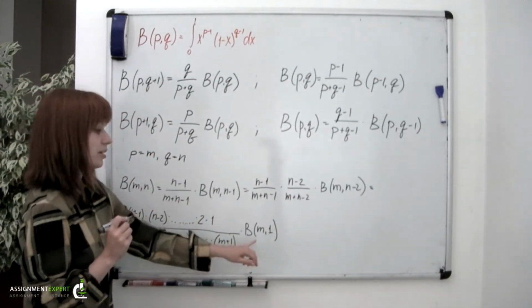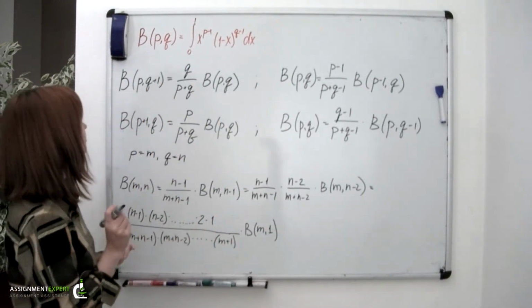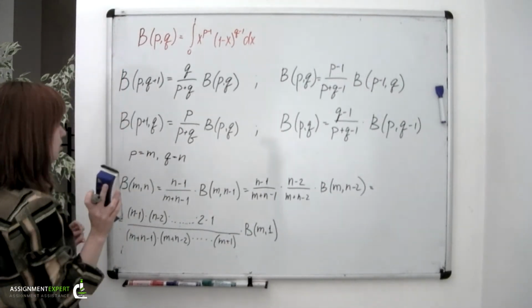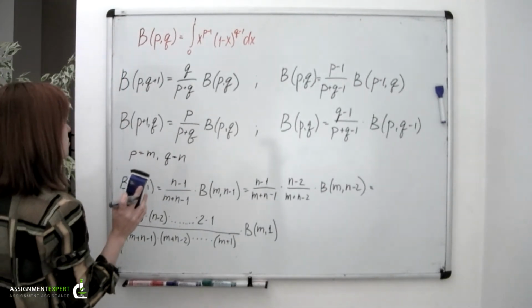Now we can evaluate this beta of m and 1 function, but I'm going to need some more space.